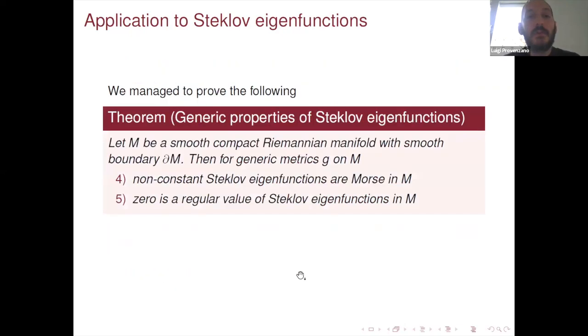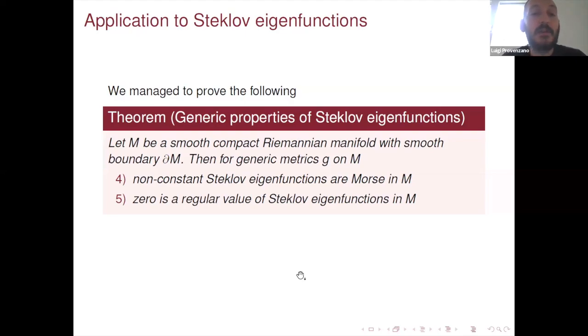So we managed to prove, just to complete the statement of Wang, some generic properties of Steklov eigenfunctions in the interior. We have added 4 and 5 to the generic properties enjoyed by Steklov eigenfunctions.